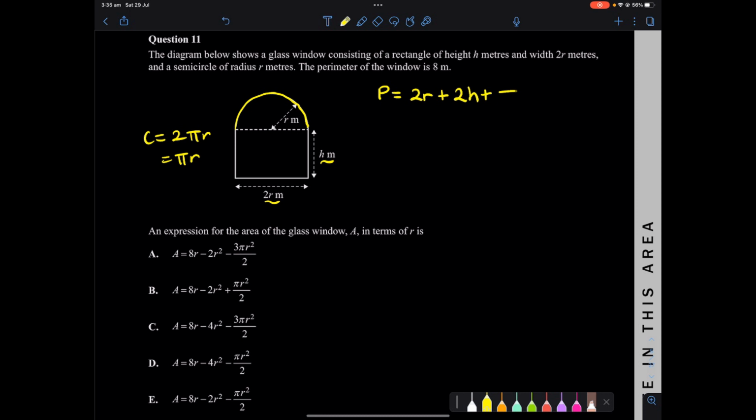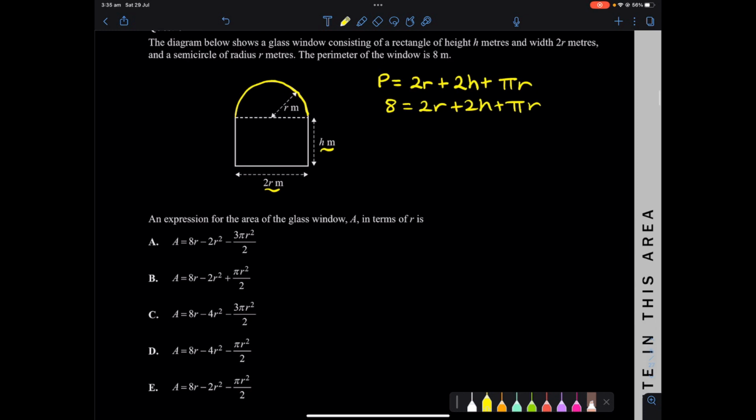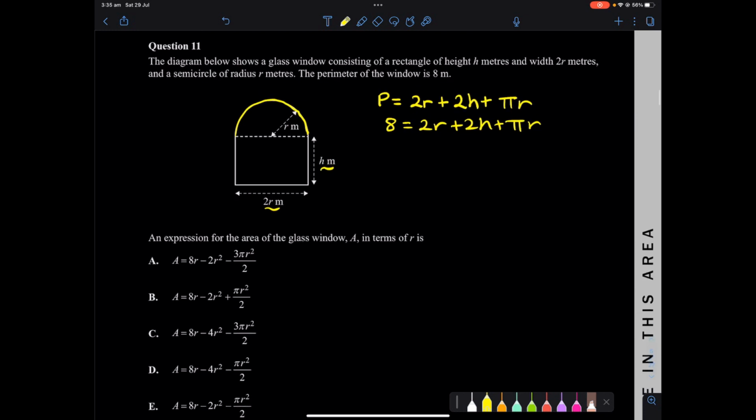So the perimeter, which is 8, is 2r plus 2h plus pi r. We want to solve for h, because all these other values are r, so h equals 8 minus 2r minus pi r, all over 2.